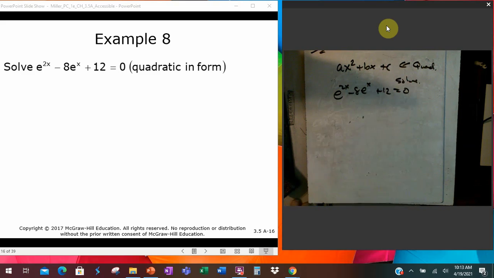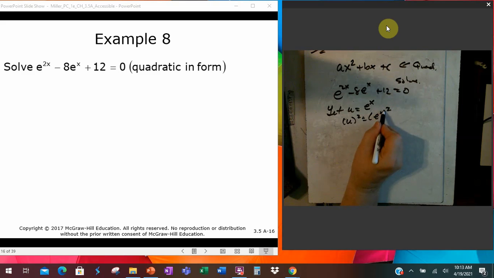Okay. This does not look like this, but it does look like something squared. And what I want to do is say, well, the standard is, you'll see lots of times later on, this u substitution type thing. If I let u equal e to the x, and then if I square this, that is just e to the 2x, which is what we've got.